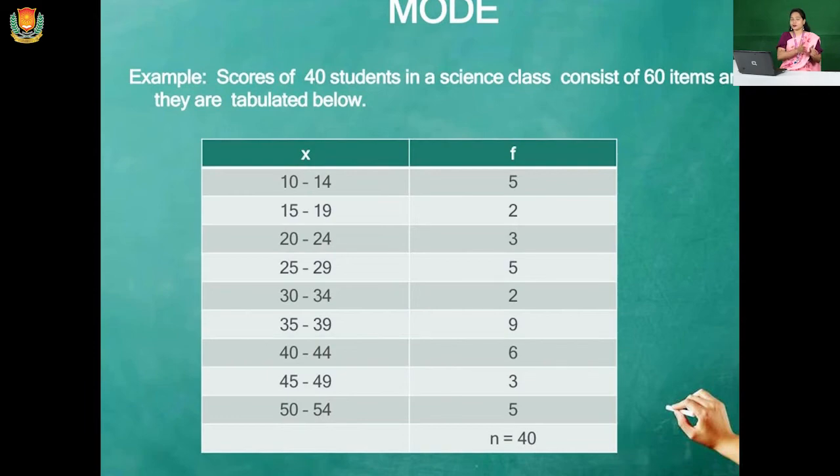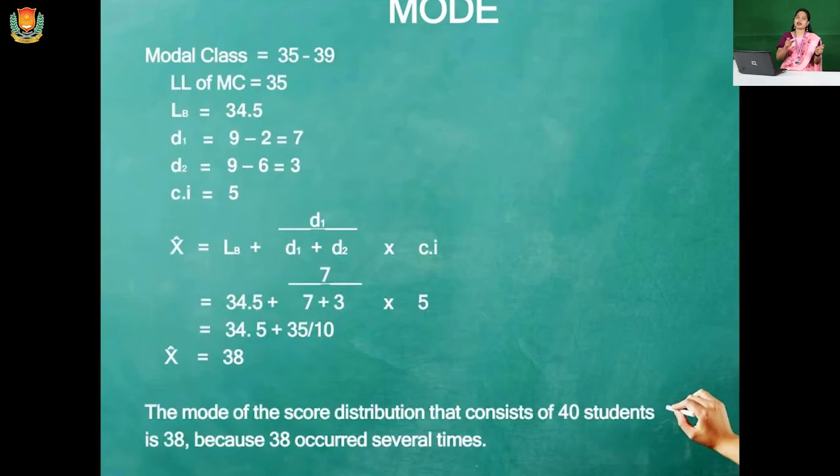So we will shift it to continuous by subtracting 0.5 from the lower limit and adding 0.5 to the upper limit. By that we get the continuous data, and then we have the frequency. By this we will calculate the lower limit, upper limit, and then d1, d2 and ci.